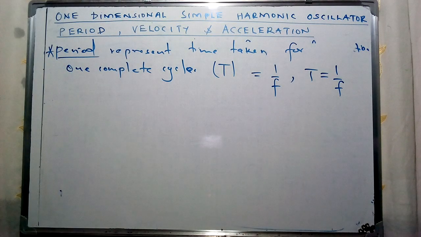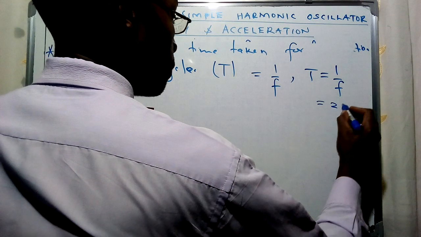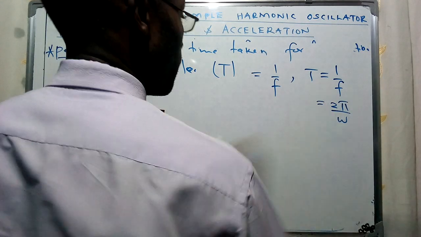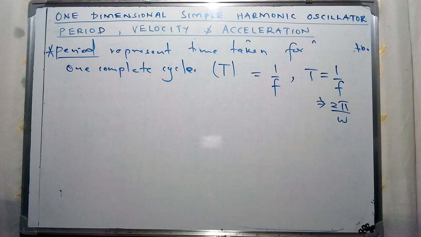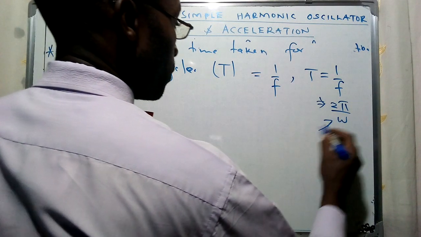Remember from our previous discussion, we defined the frequency in terms of pi and omega. So this is given as T equals 2 pi over omega, which gives the concept of period. And as I had mentioned, omega represents angular frequency.